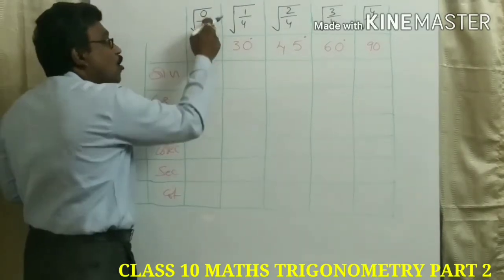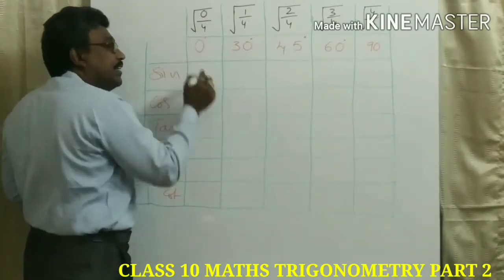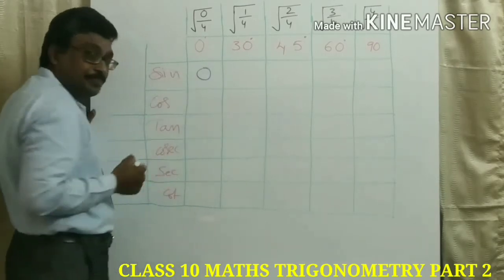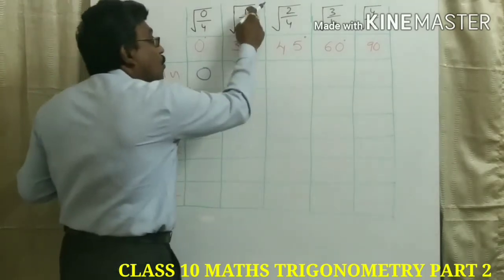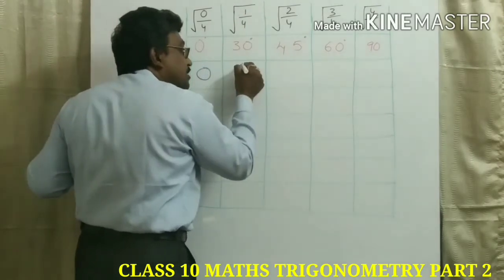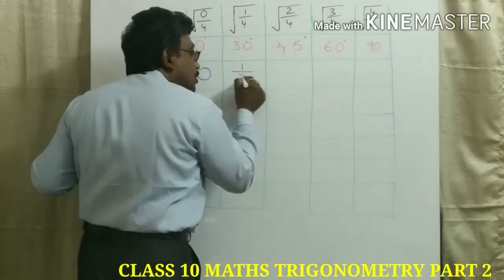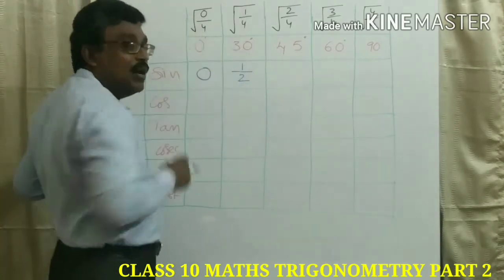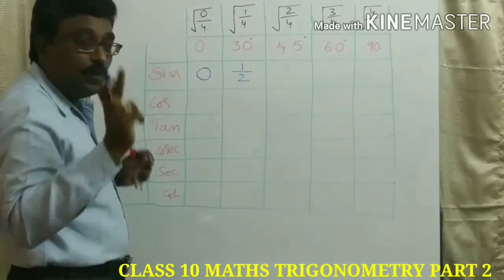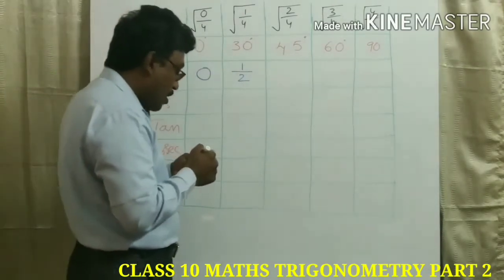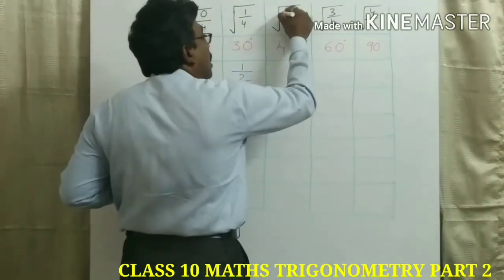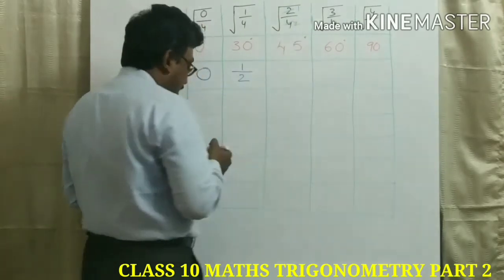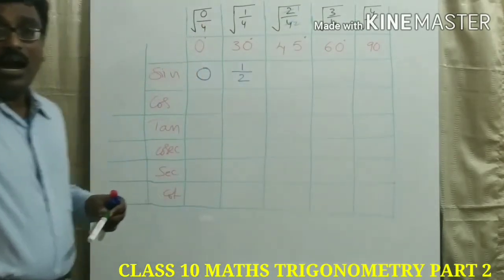That is 0 by 4. 0 by anything, the value is 0. Now, root of 1 by 4: root 1 is 1, root 4 is 2. Now 2 by 4: cancel, one time and two times.